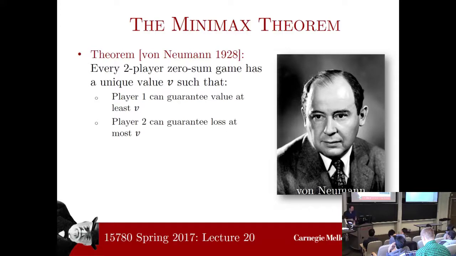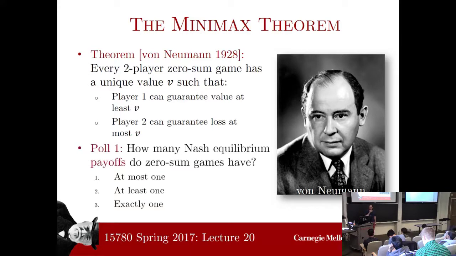Okay, so here's a question for you. How many Nash equilibrium payoffs do zero-sum games have? The reason I'm asking this way is that it's very obvious you can have many Nash equilibria, like in this game I just described, where all of the payoffs are constant.